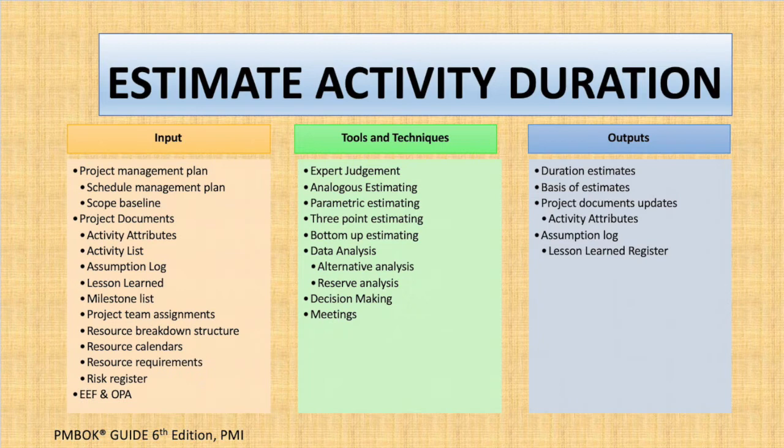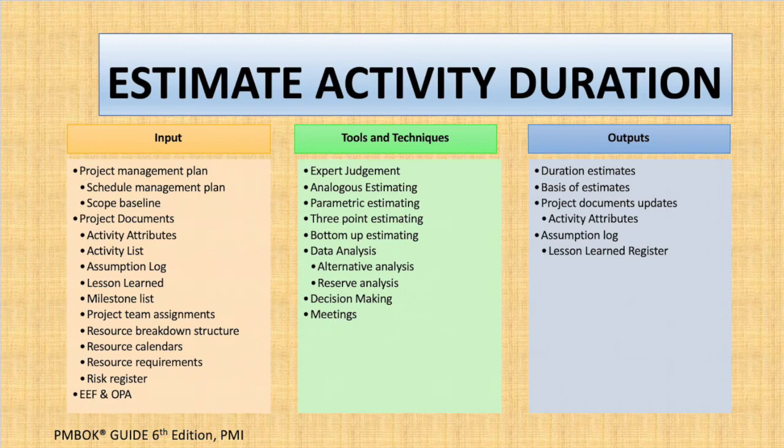Tools and techniques. We need expert judgment. We seek experts to give their input regarding the estimation of activity duration. We use other techniques: analogous estimating, parametric estimating, three-point estimation, bottom-up estimating, data analysis, including alternatives analysis and reserve analysis, decision making, and meetings.